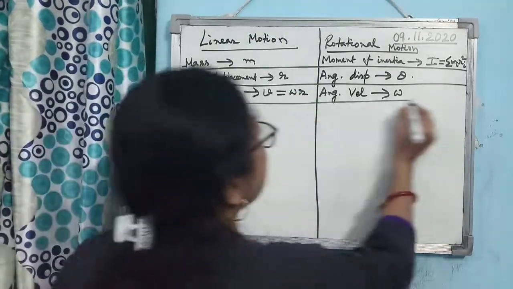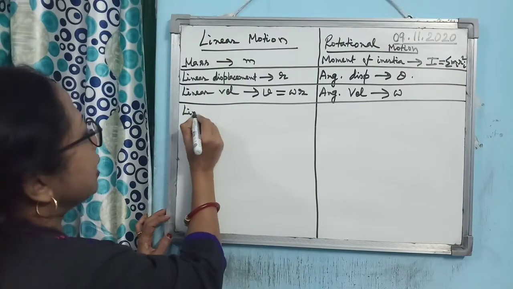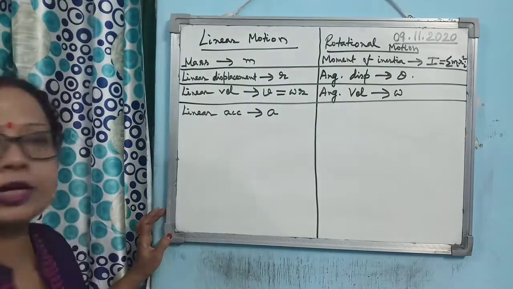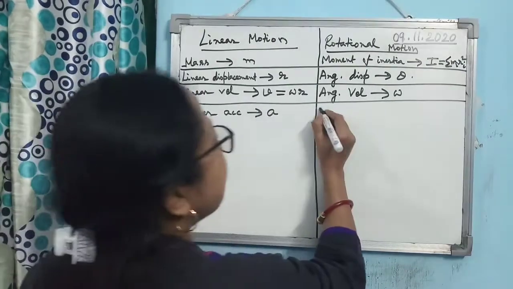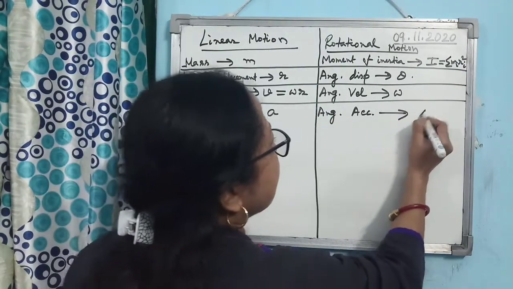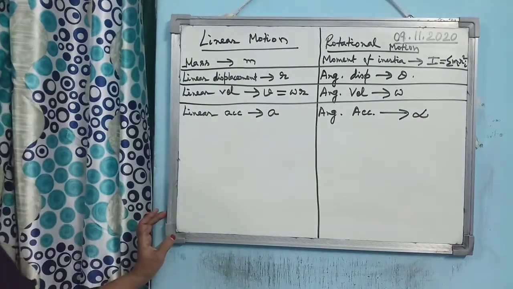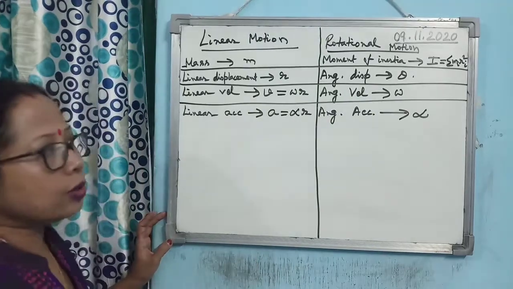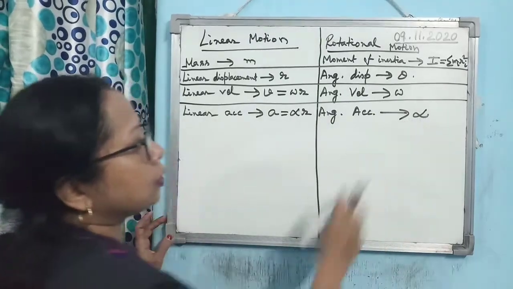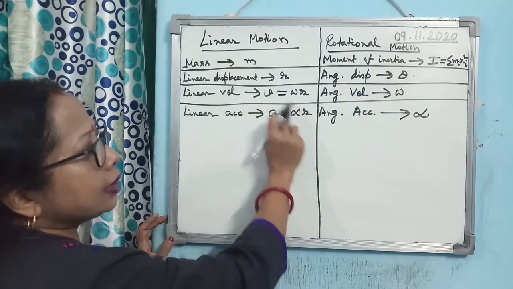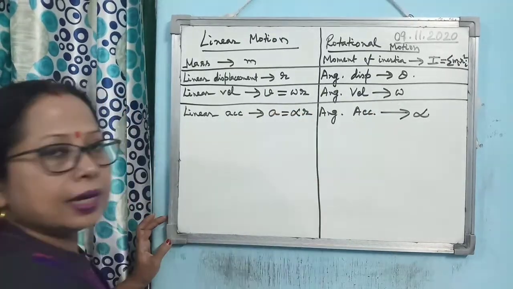Then next one is, if you consider linear acceleration we denote it by a, and here angular acceleration is the equivalent term. Angular acceleration we denote it by alpha. Now a is equal to alpha r. So you can write alpha is equal to a by r. So if you remember this relation, then automatically v and omega you can connect.